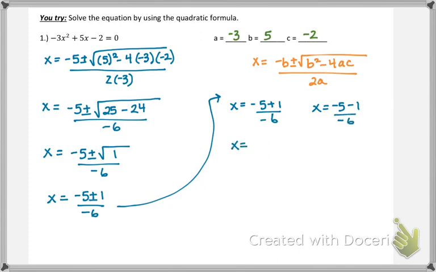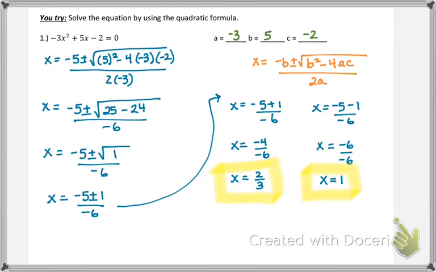So x is equal to -4 over -6, which reduces to 2 over 3, or x is -6 divided by -6, which is just 1. And so your answers are 2/3 and 1.